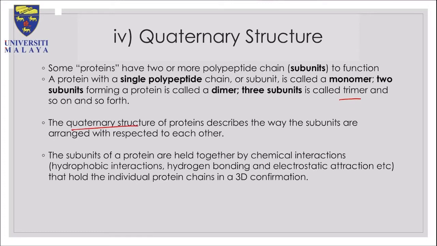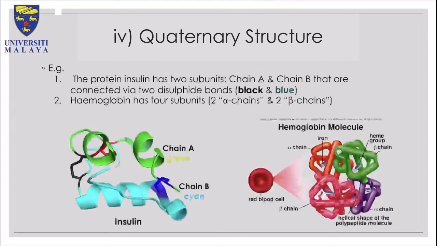The subunits are held together by chemical interactions: hydrophobic interaction, hydrogen bonding, and electrostatic interaction, in a three-dimensional conformation. Insulin is another example, by which the interconnecting bonds are the disulfide bonds.